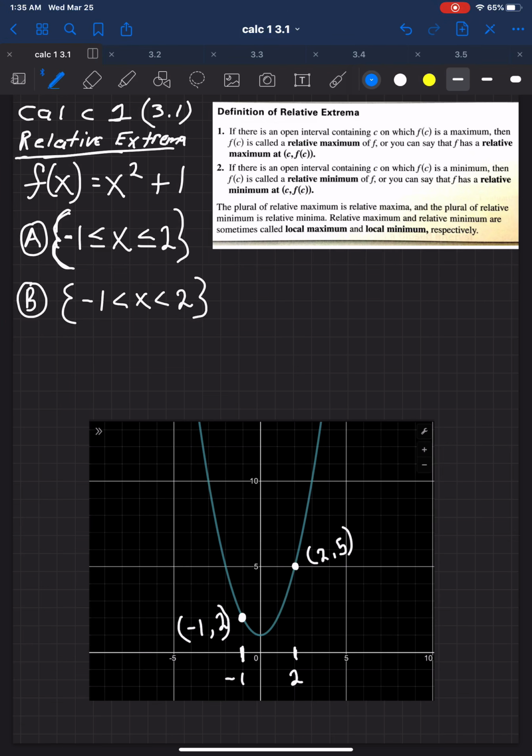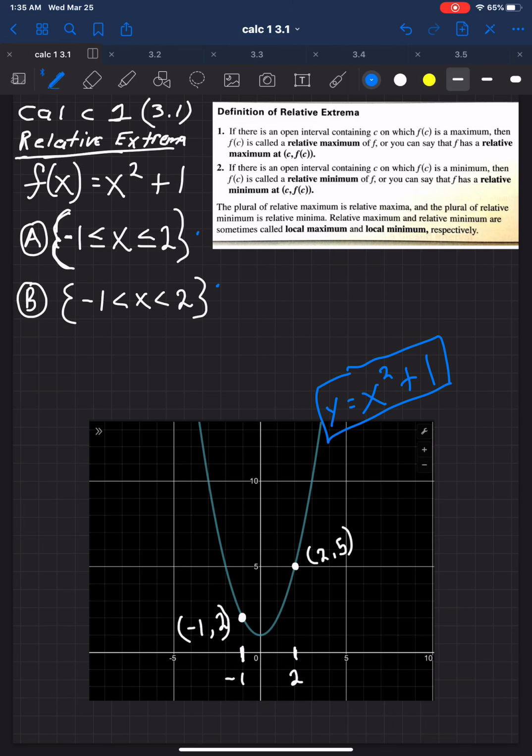Okay, so let's take a look at the graph at the bottom here. This is the graph of y equals x squared plus 1. That's the function, x squared plus 1. Now, notice portion A versus portion B. We have two different ways of defining the domain.